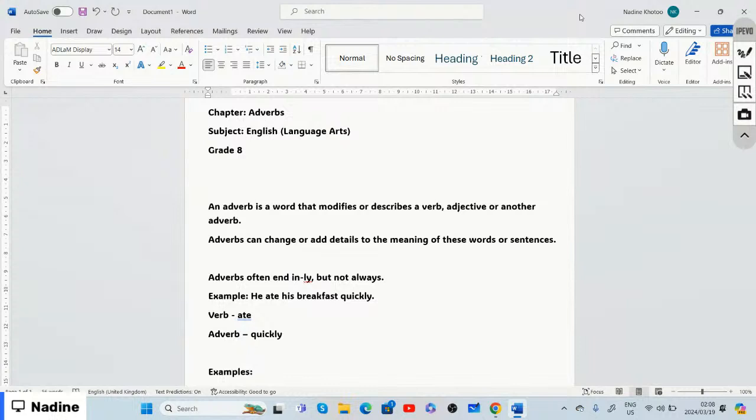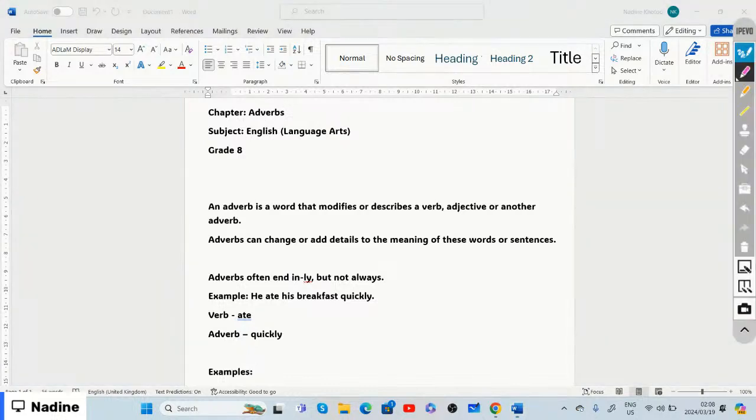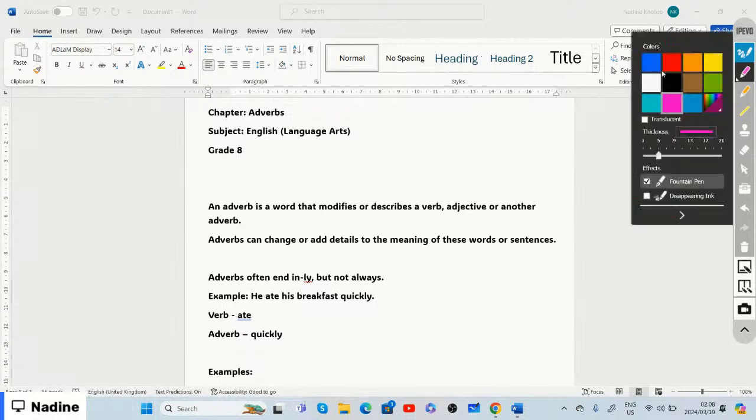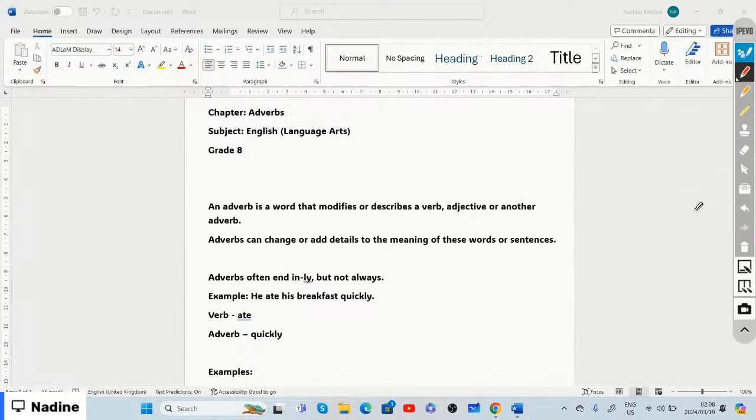If we look at an example of an adverb that ends in ly, it is where it says he ate his breakfast quickly. He ate his breakfast quickly. And if we identify the adverb within that sentence, it is quickly. Remember, we said that an adverb tells us more about the verb, an adjective, or another adverb.